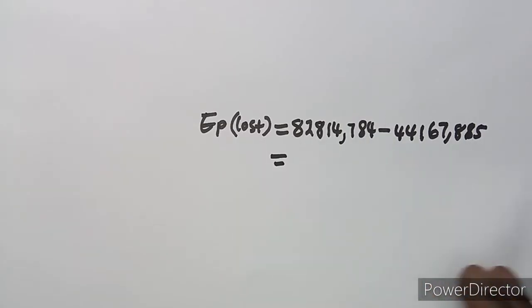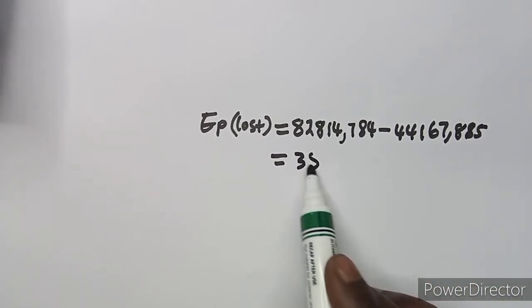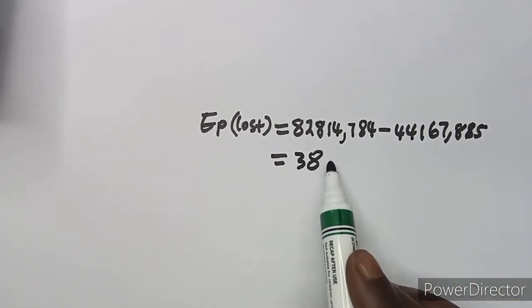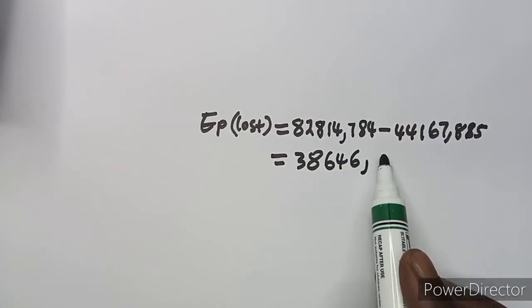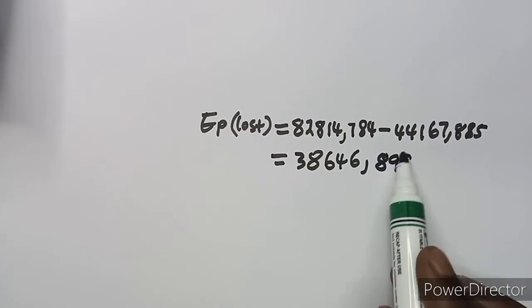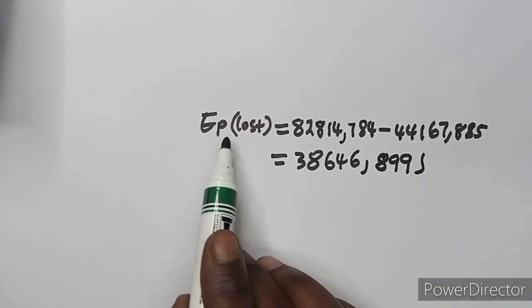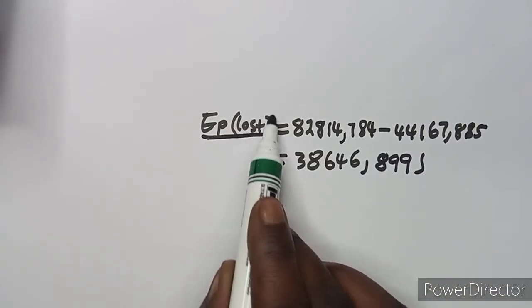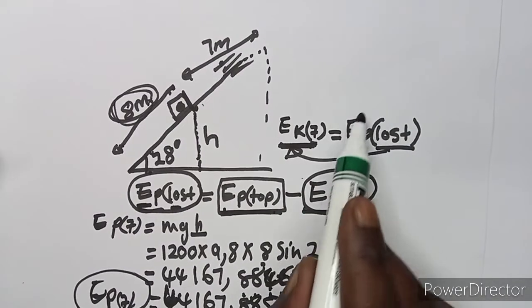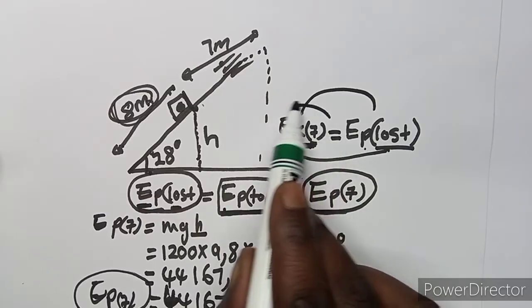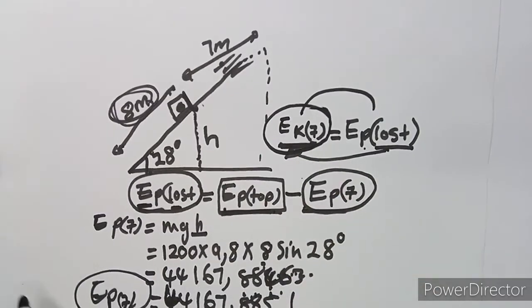All right, so guys, make sure that you use your calculator properly. Okay, you use your calculator properly here, you're going to obtain something like 386,899 joules. But we said this potential energy that is lost is equal to the kinetic energy after 7 meters.